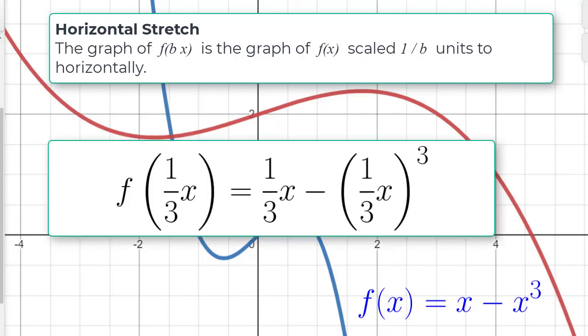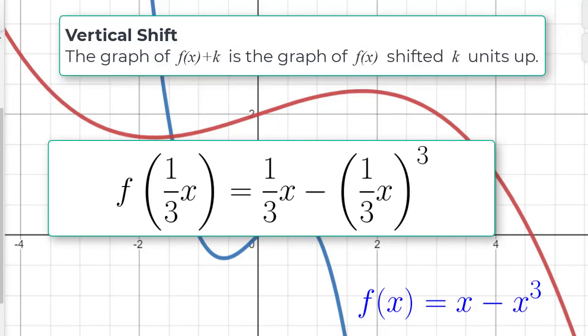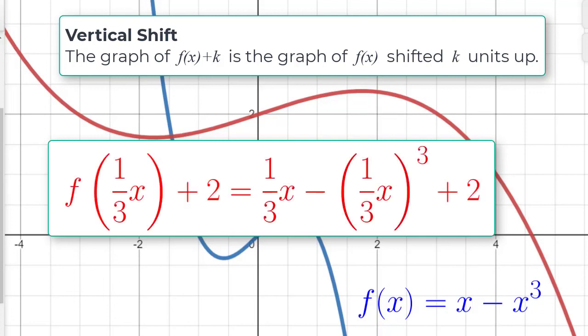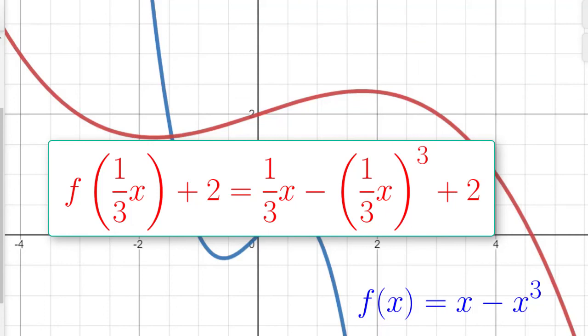Next, we shifted the function up 2 units. Well, we know a vertical shift is given by adding a number to the outside of the function. And how much did we shift it? We shifted it 2 units. So we add 2 on the outside. And so this is the expression for the resulting red function.